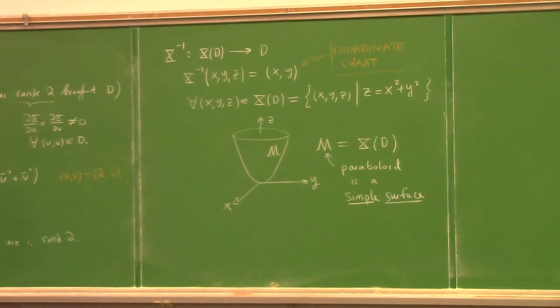A simple surface is one for which you can cover the whole surface with one proper coordinate patch. All right? You can cover the whole surface with one coordinate patch. This is one coordinate patch, it covered everything.